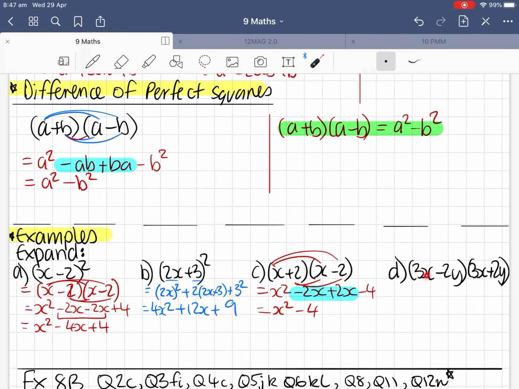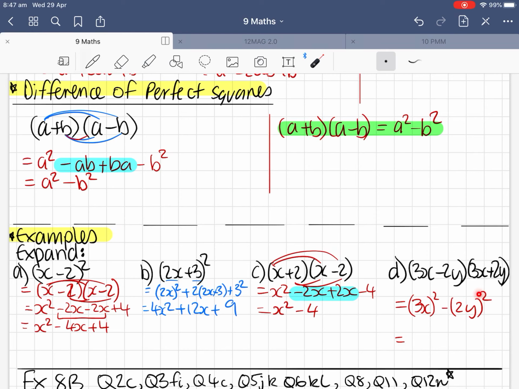Let's now employ this rule here for this final example. The reason I've chosen this example to employ this rule is we can see these are going to be kind of ugly. I've got 3x and a negative 2y, so I'm going to have to use my brain a bit if I keep expanding. But instead, I can just say, all right, well, I know that's going to be A squared. So we need to identify 3x as A in this case. 3x squared minus B squared, which is 2y squared.